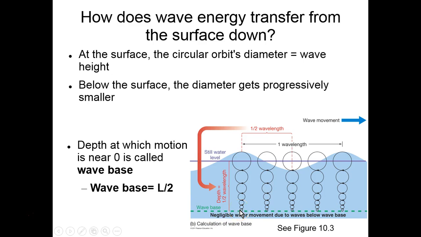Now, if the bottom of the water is down here, then that means the wave is actually touching the bottom. If the bottom of the water is down here, then that means the wave is not touching the bottom of the water. Sorry, so as the depth increases, the motion decreases.